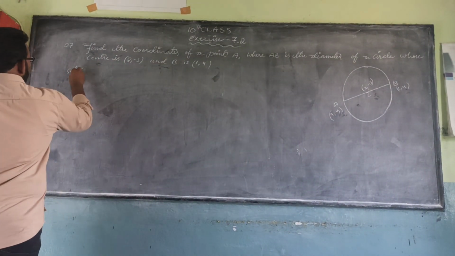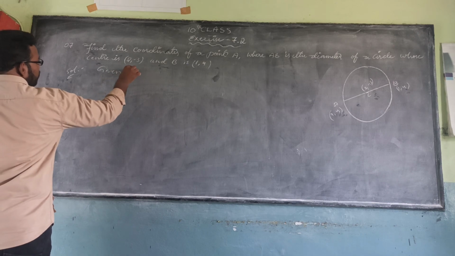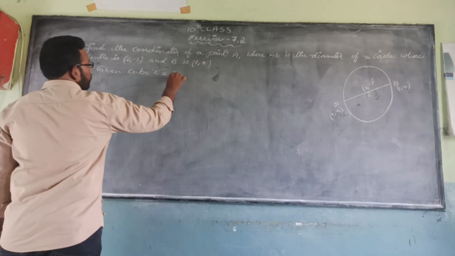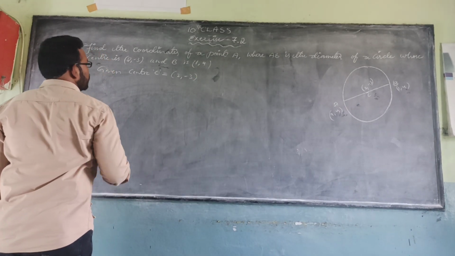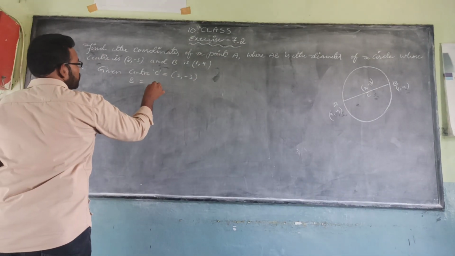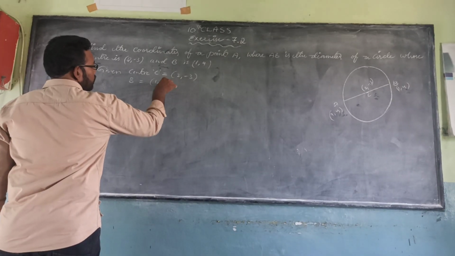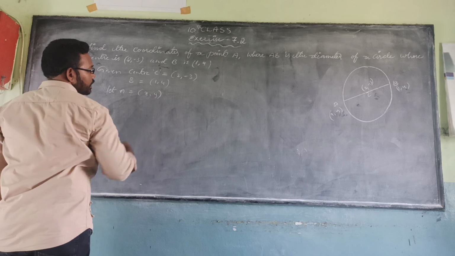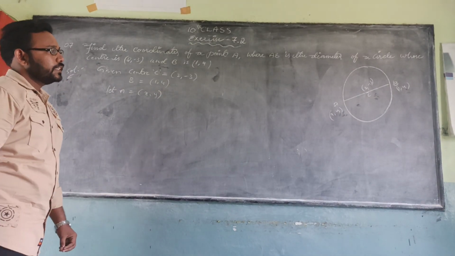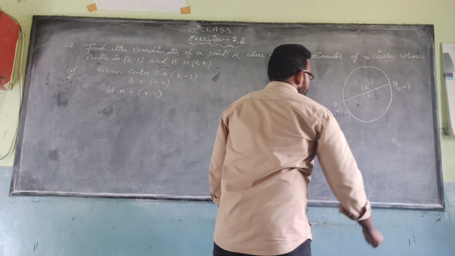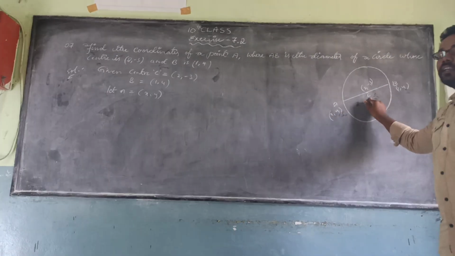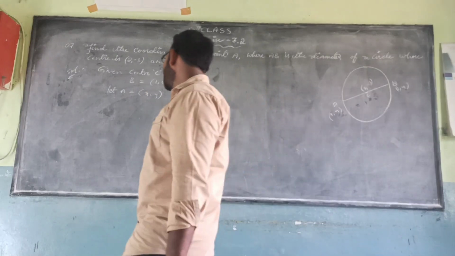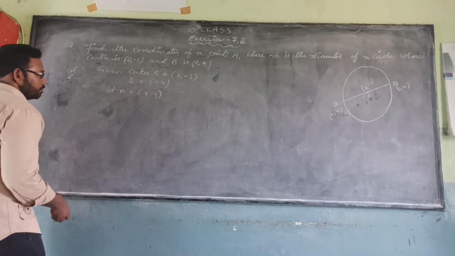Solution: given center C is equal to (2, minus 3) and B is equal to (1, 4). Now let A be equal to (x, y). We know that in a diameter, the center lies in between A and B, equidistant. That means C is the midpoint of AB.